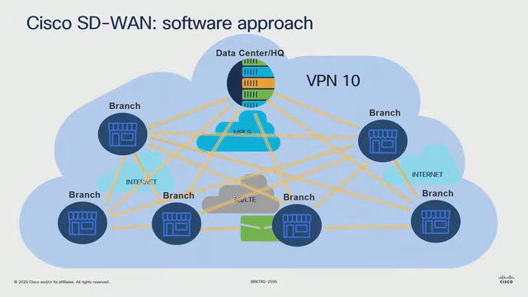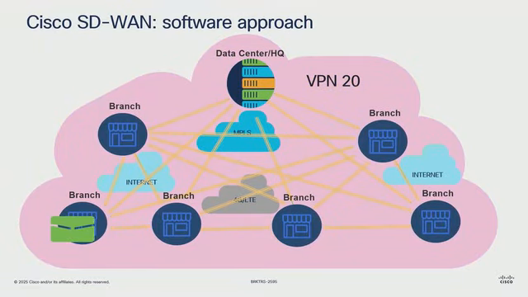We can do that. And at the same point in time, we can have a VPN 20 where we can choose the traffic to go from one branch to the other directly without the need of that regional DC itself. That's the control that SD-WAN gives us over the topology. We can choose for ourselves what kind of topology we would like to implement.